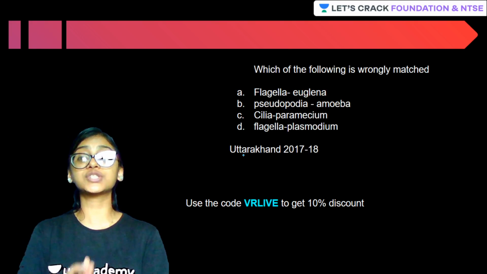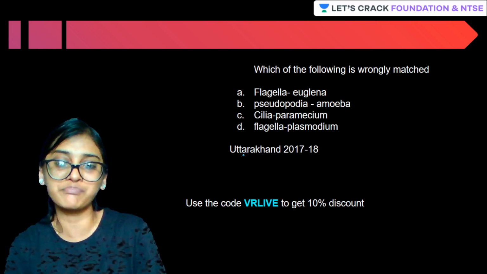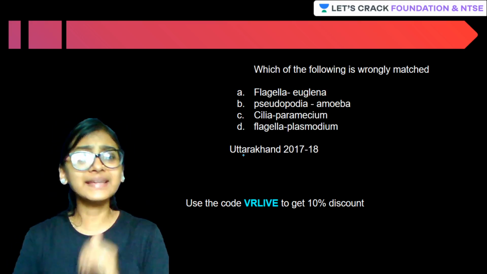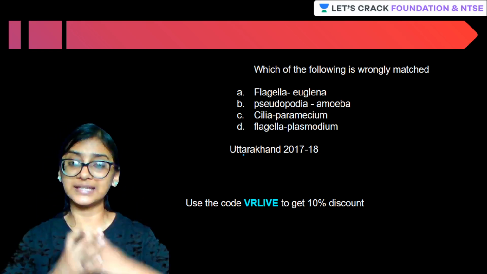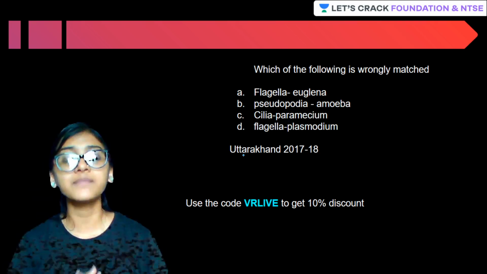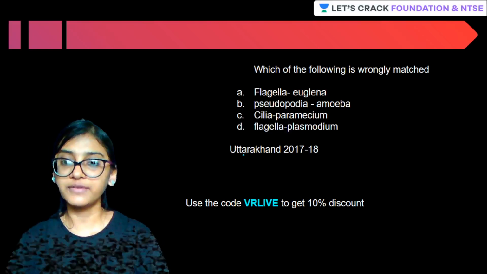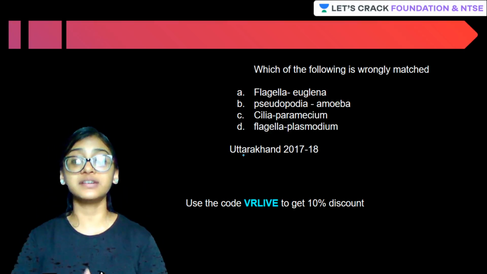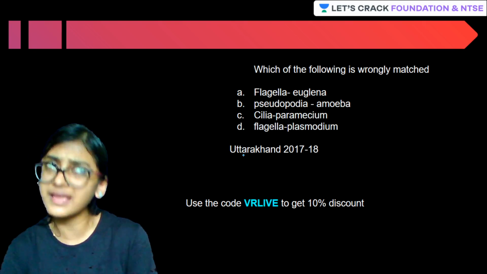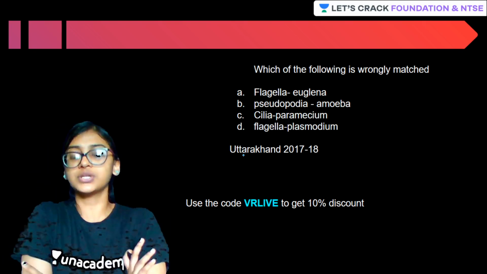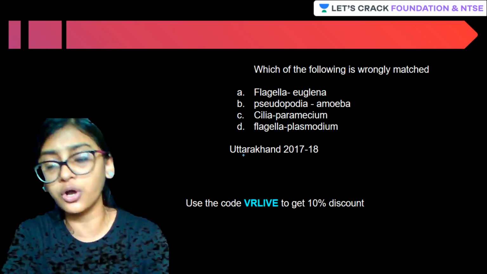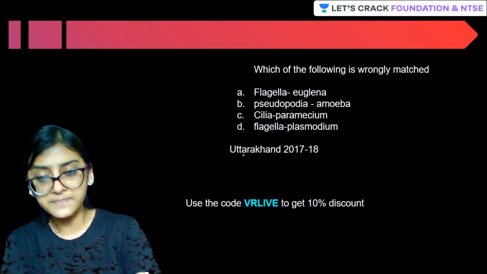Next question: which one of the following is wrongly matched? Flagella, euglena; pseudopodia, amoeba; cilia, paramecium; flagella, plasmodium. This was asked in Uttarakhand, 2017-18, a recently asked question. We have studied all these organisms in diversity.